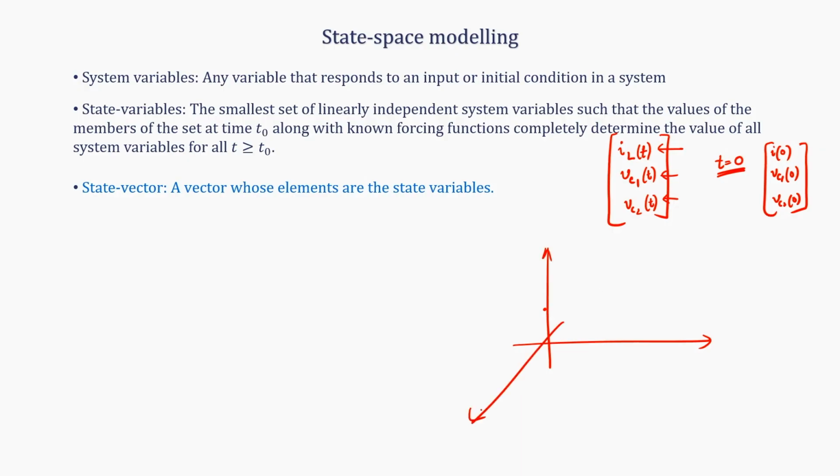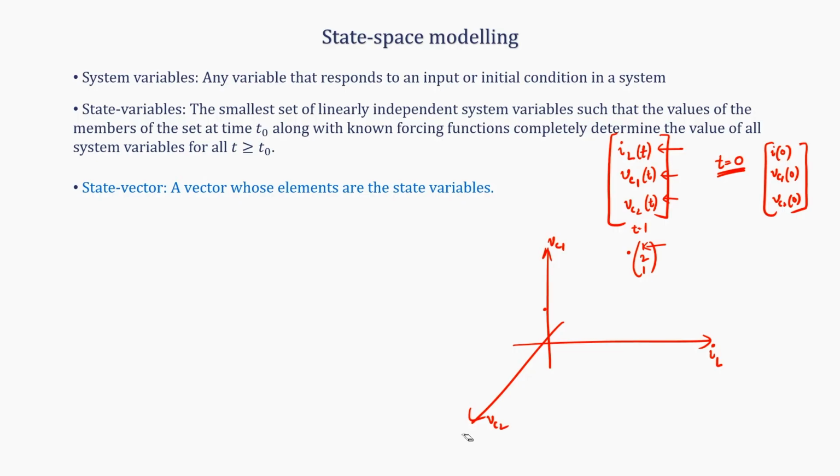In the 3D space, if I say this is a point, suppose the value is 1 2 1, if this axis is IL, this axis is VC1 and this axis is VC2, then this means at some time, say t equal to 1, I am at 1 2 1, which means that IL is 1 at t equal to 1, VC1 is 2 at t equal to 1 and VC2 is 1 at t equal to 1.